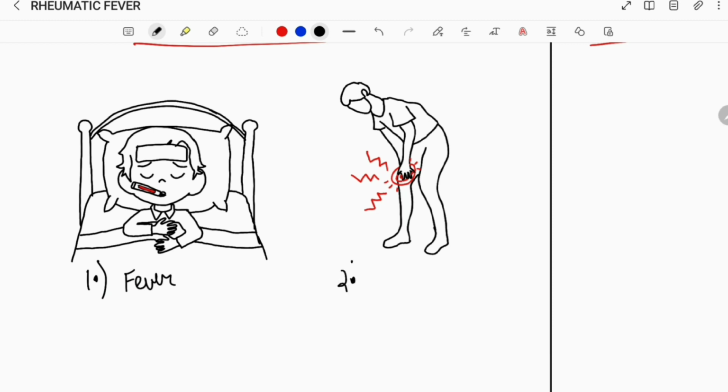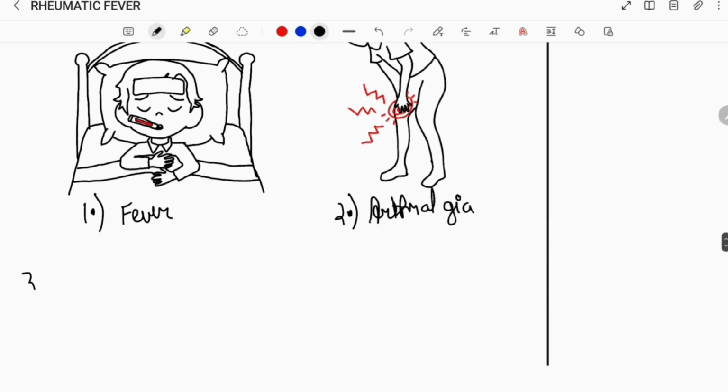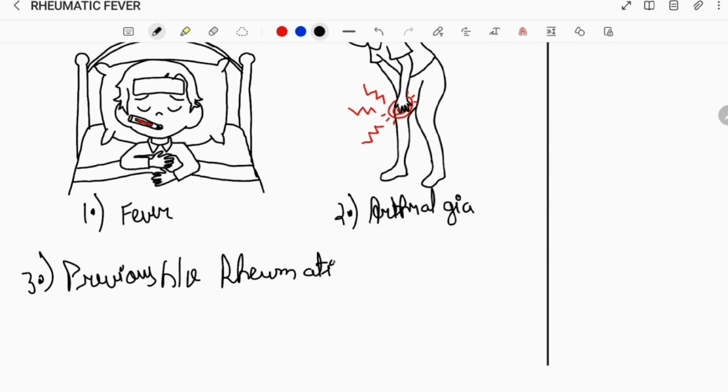Second, what we have is arthralgia, that is joint pain. And third is that there should be a previous history of rheumatic fever or rheumatic heart disease.